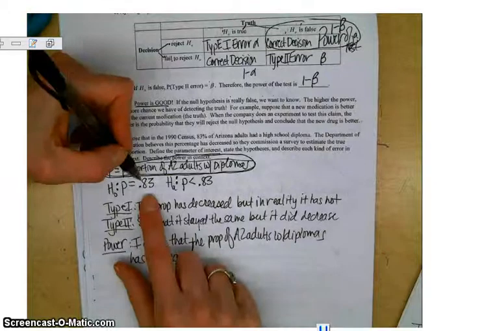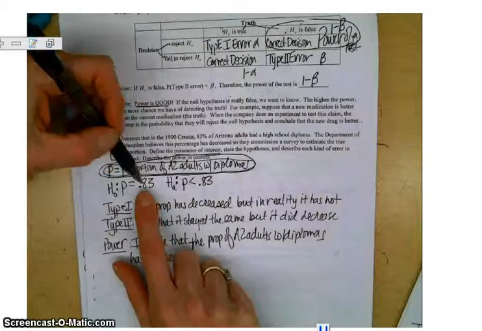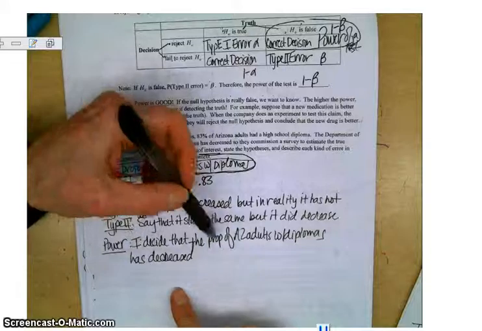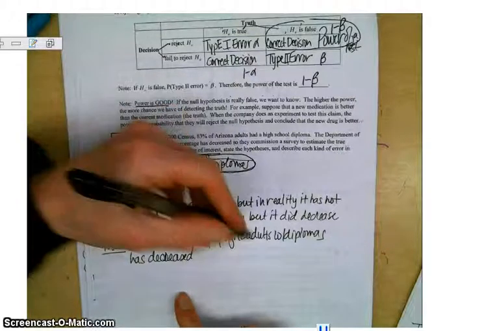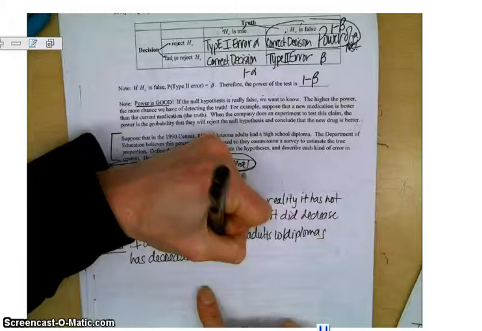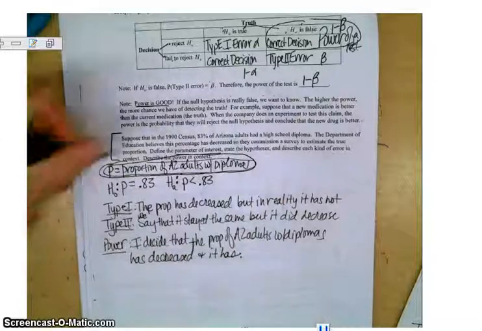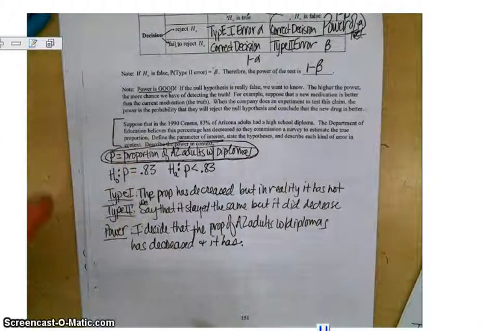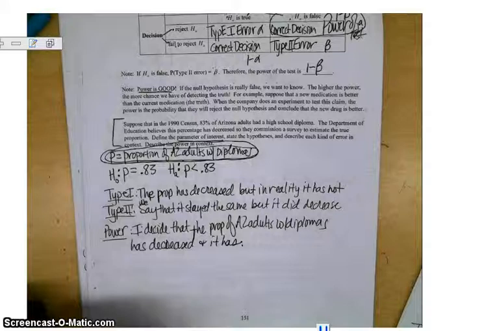If I correctly reject the null, that's the correct decision. So I decide that the proportion of Arizona adults with diplomas has decreased, and it has. That is a good decision. Power is making a correct decision, correctly rejecting the null.